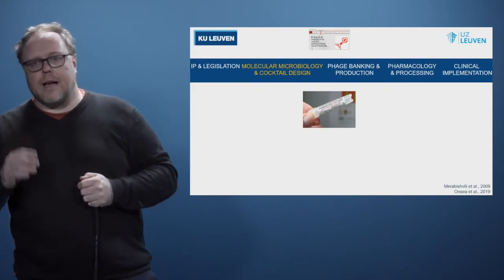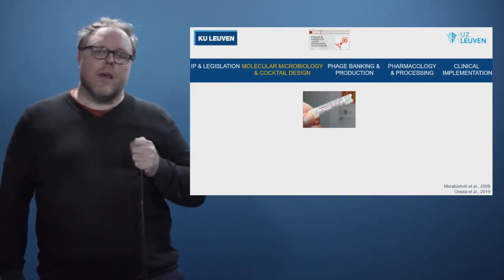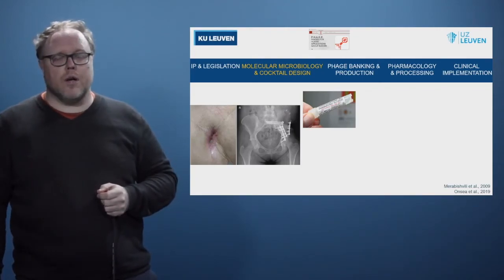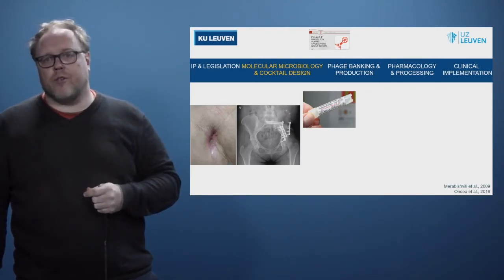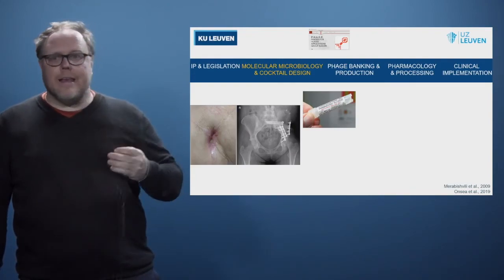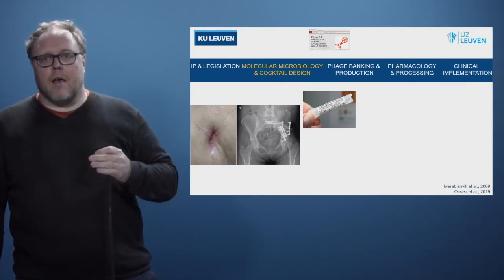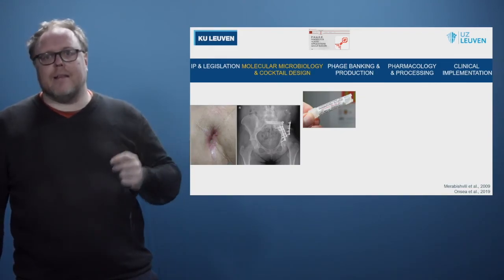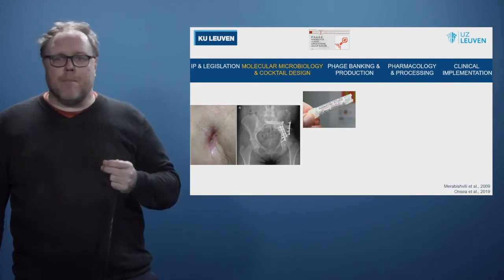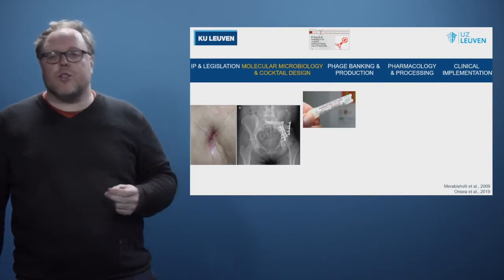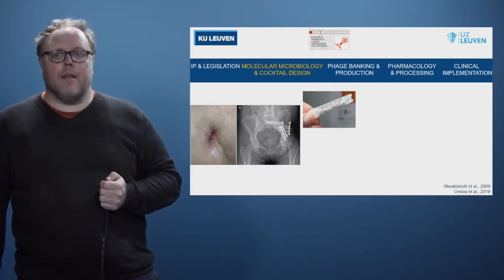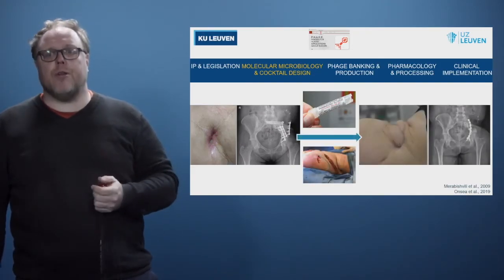The next slide is a bit more graphic. It is an example of a patient who was transferred to the University Hospital in Leuven after 10 years of, let's say, bad treatment in other places. You see here implants that had associated infections, and these were treated through surgery.